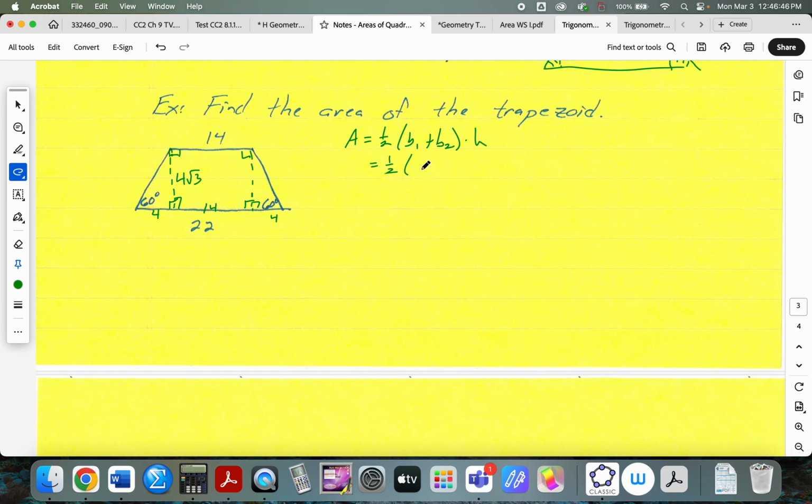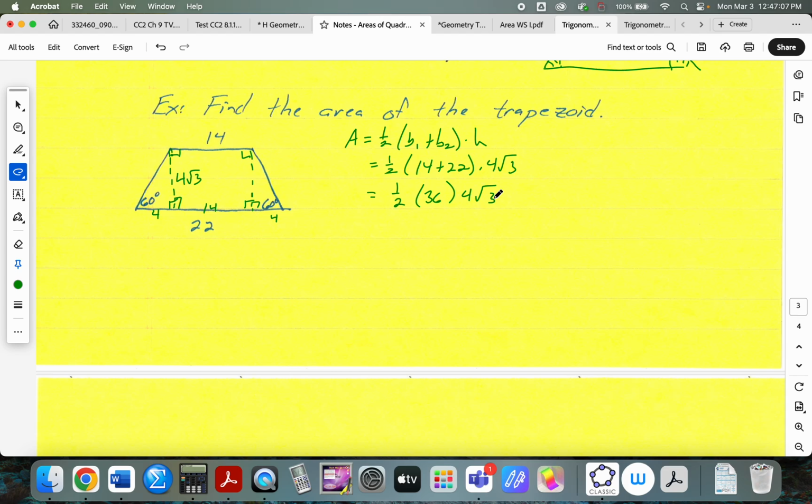So it's going to be half of 14 plus 22 times 4 square roots of 3. So that's half of 36 times 4 square roots of 3.